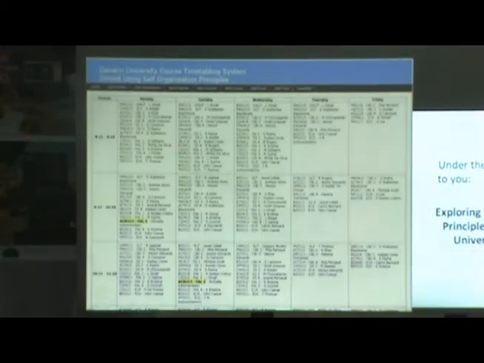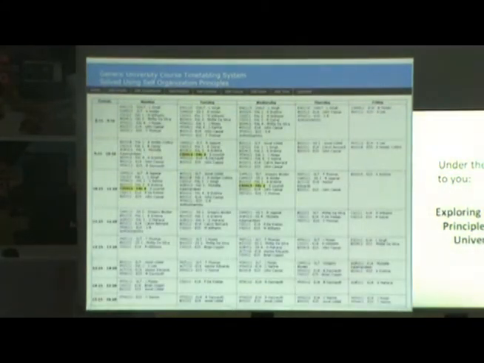Snapshots of the system. This is the master view of the timetable. Basically, all courses of the university in one timetable. This can be broken down into faculties, as this here is the Faculty of Natural Sciences.